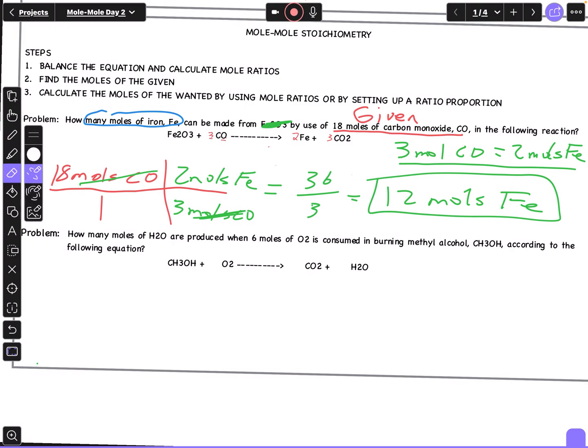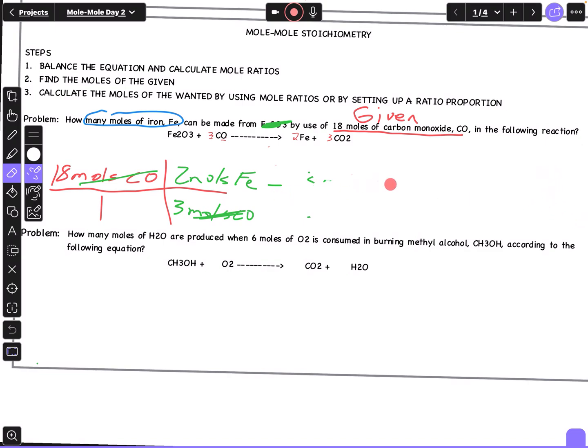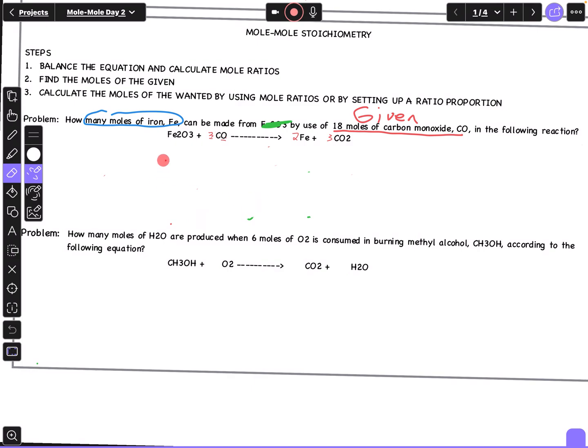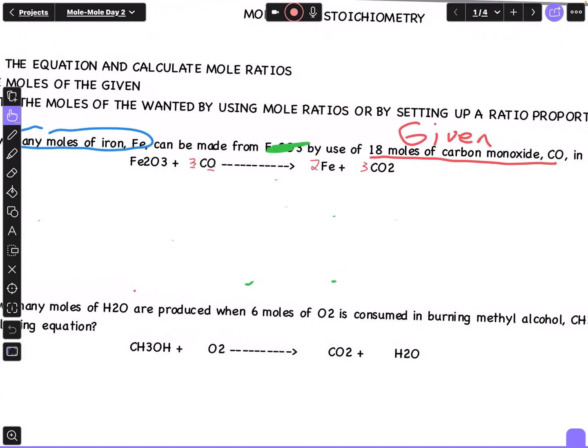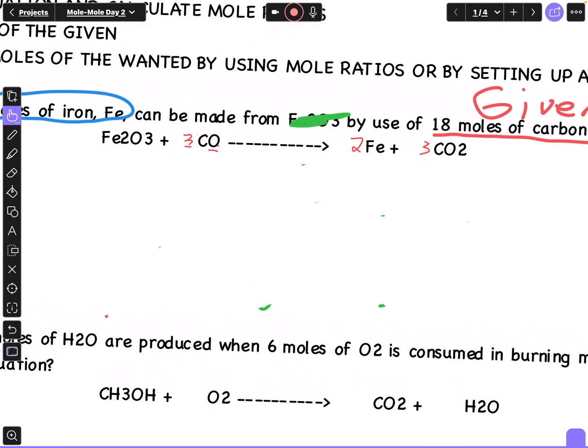Now I'm going to work it the other way. It tells me that I have 18 moles of carbon monoxide. So I'm going to put the 18 underneath the CO, and it's asking me how many moles of Fe can be produced.